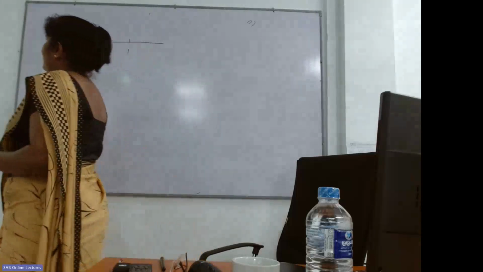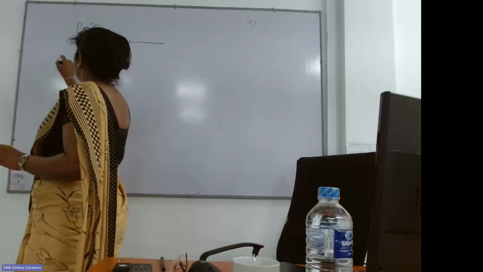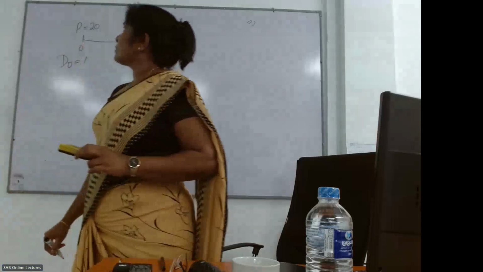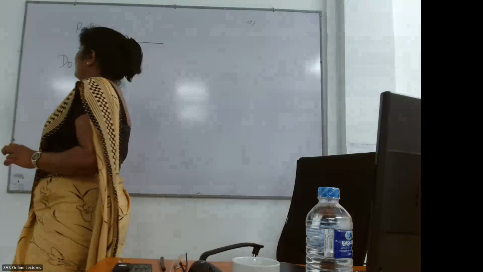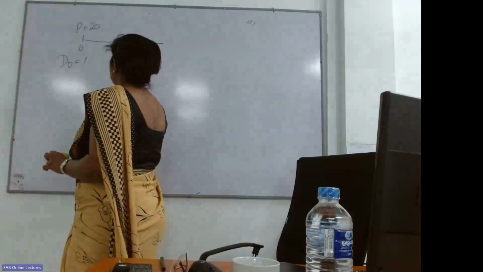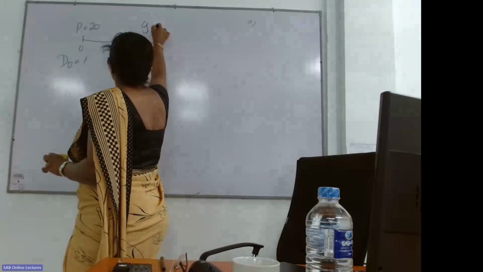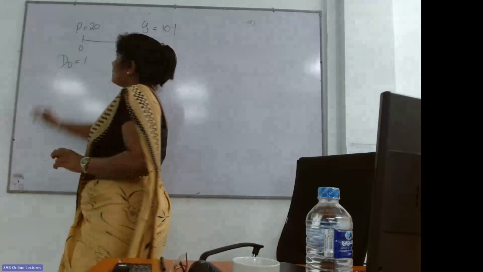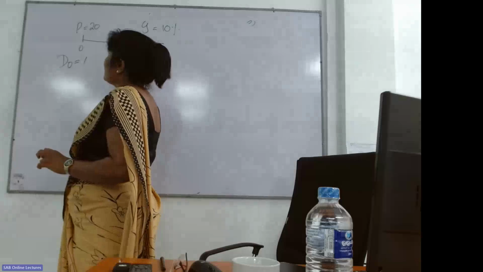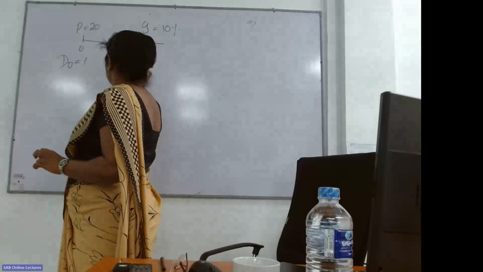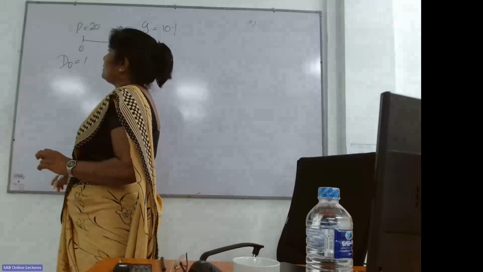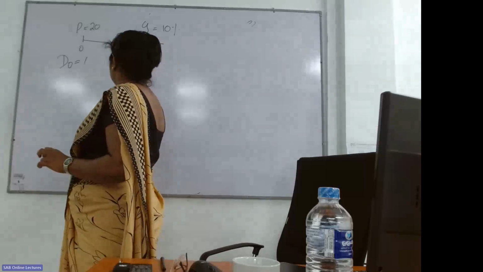Just paid a dividend of D0, 1 rupee. Dividend is growing at a constant rate of 10%. Constant growth rate of dividend is 10%. What is the stock price expected 1 year from now? What is the price here? What is the required rate of return?